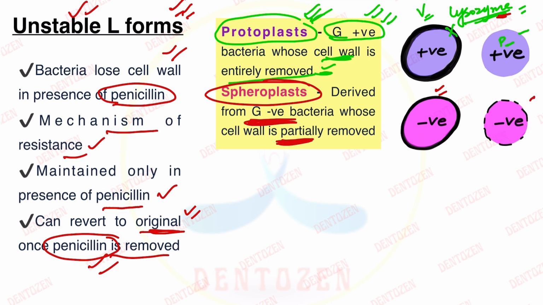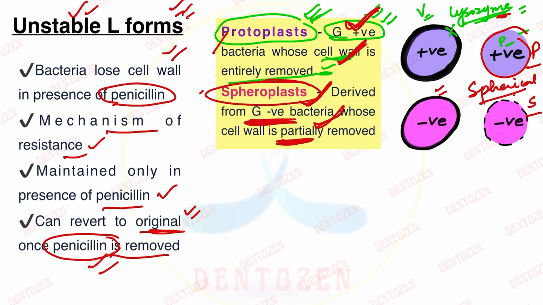That is the difference. Protoplast is from gram-positive bacteria, cell wall is completely removed. Spheroplast is from gram-negative bacteria and cell wall is partially removed. Regardless of the type, whether it is a protoplast or a spheroplast, both will be spherical in shape. So those are protoplast and spheroplast and it can be a short note for your exam.